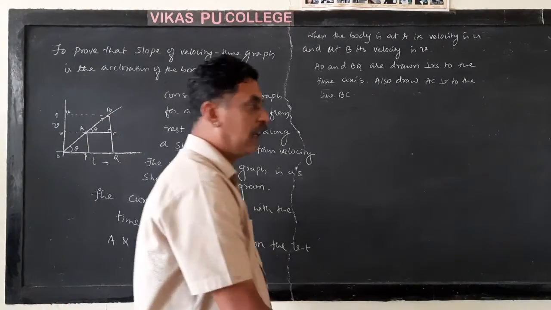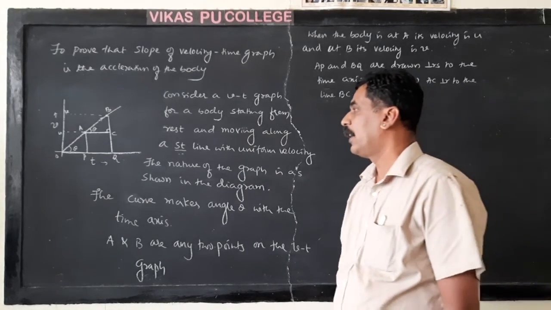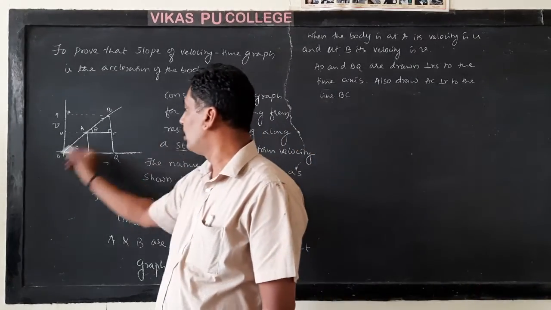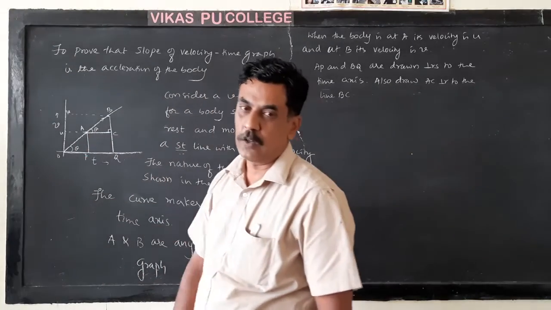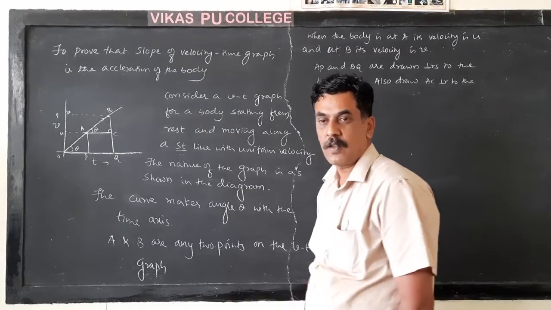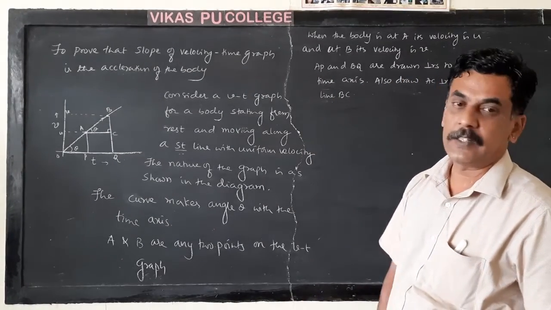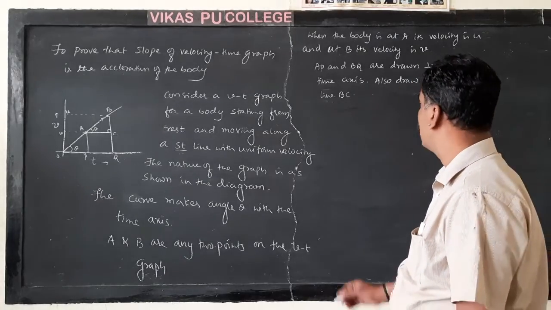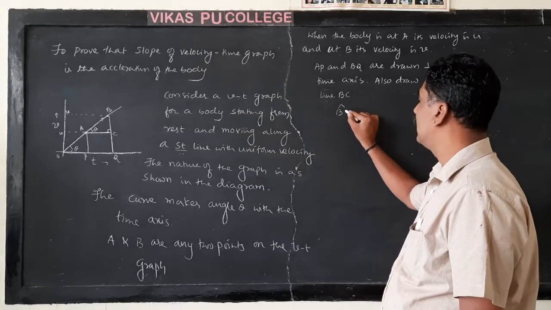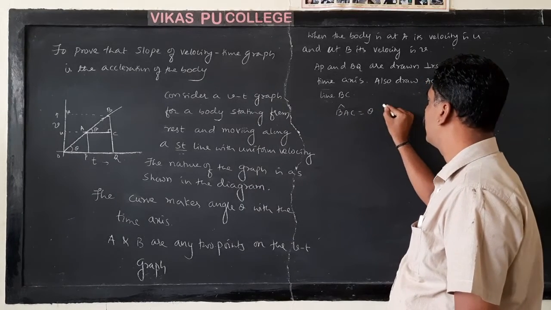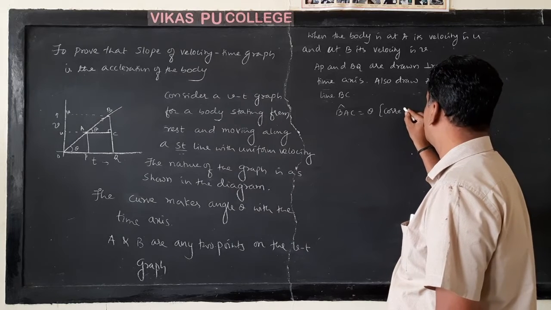Corresponding angles are equal when two parallel lines are cut by a transversal, and therefore you can say angle BAC is also theta because they are corresponding angles.